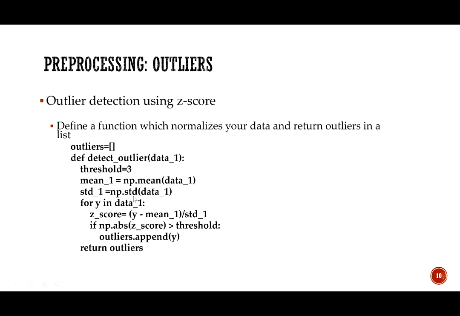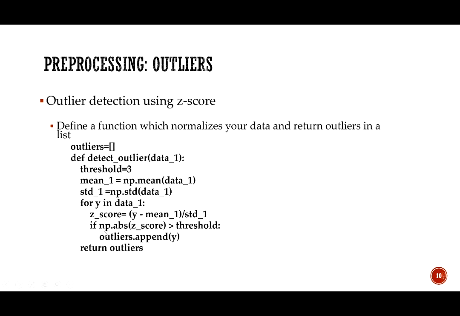And then by applying the std function under numerical Python, we calculate the standard deviation, and now we write a for loop to go through all elements in the list. Okay. Then we standardize them. So I define a variable named z_score. We subtract the average value and divide by the standard deviation.